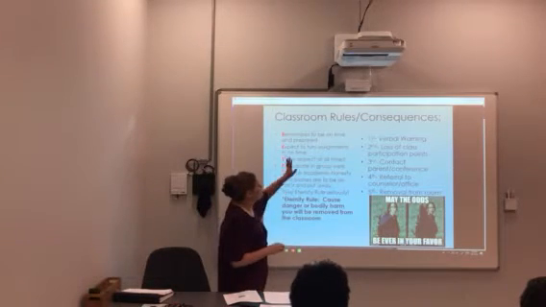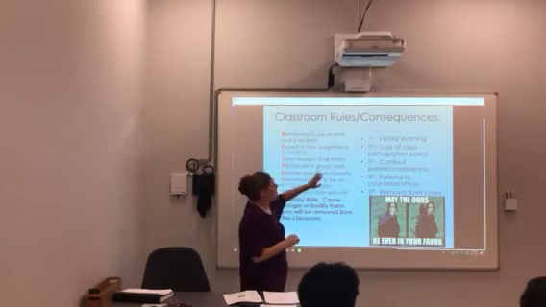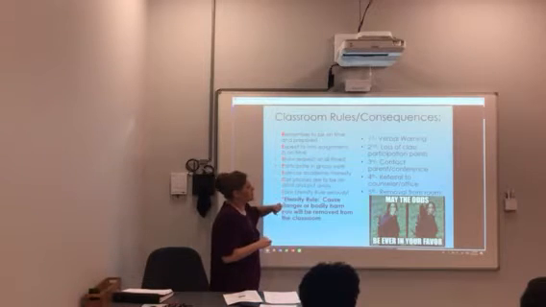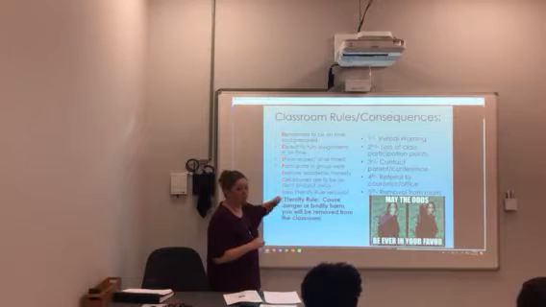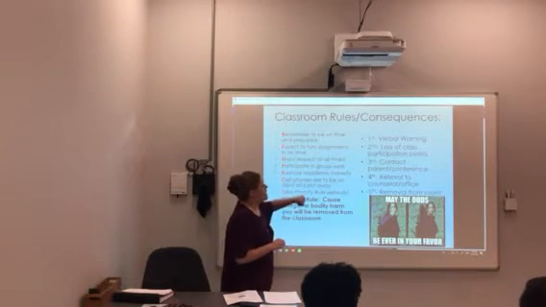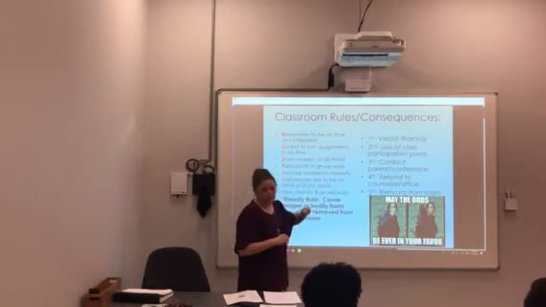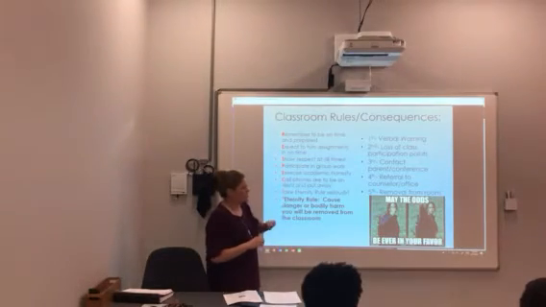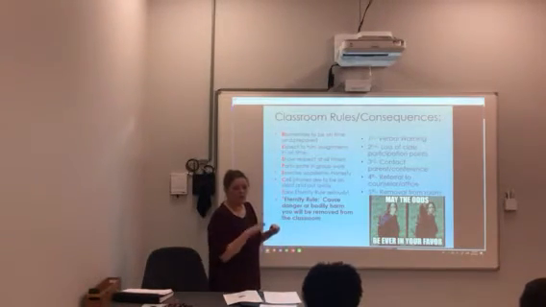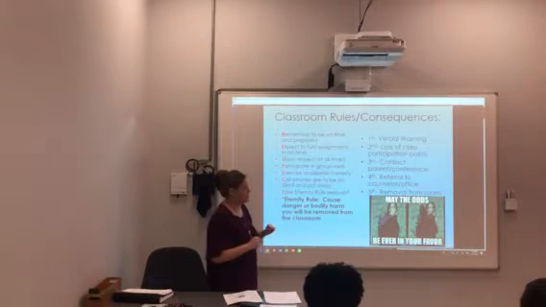Okay? These are our consequences. Our first is a verbal warning. Our second is loss of your class participation points, which will be seen on Google Classroom with your grades. Third, contact your parent. Okay? And then of course we'll set up a conference. We'll try to figure out what's going on, what's causing this issue.